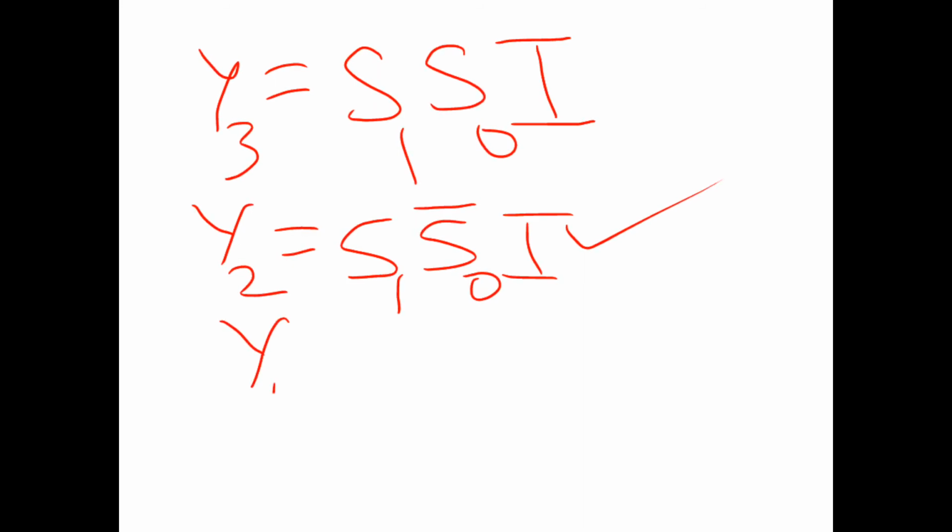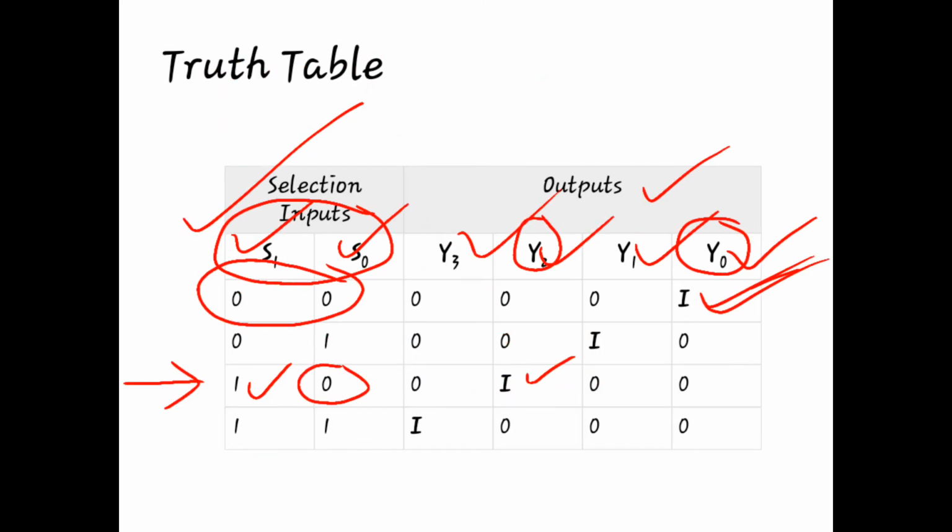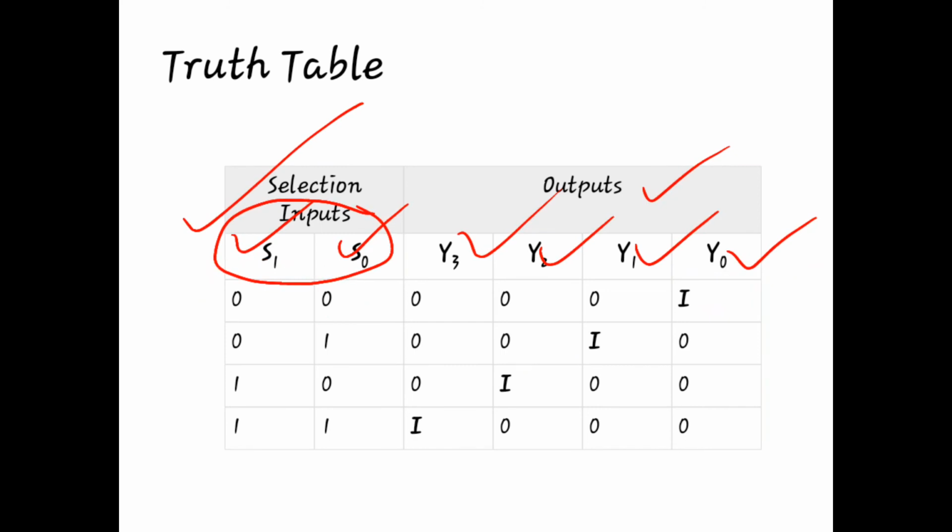Similarly, Y1 will be S1 bar, S0 and I. And the last expression, that is Y0. So this is the very first row in the truth table.